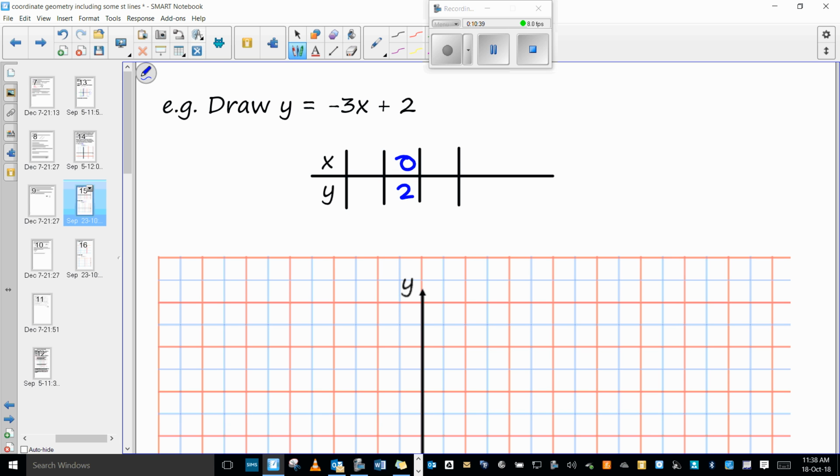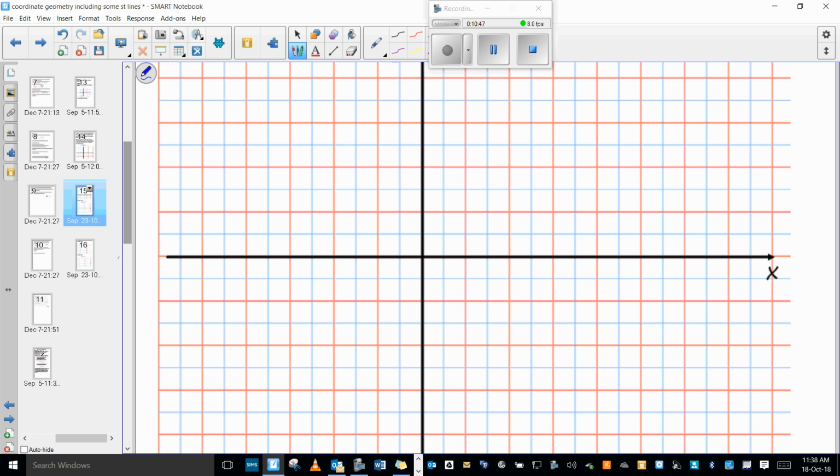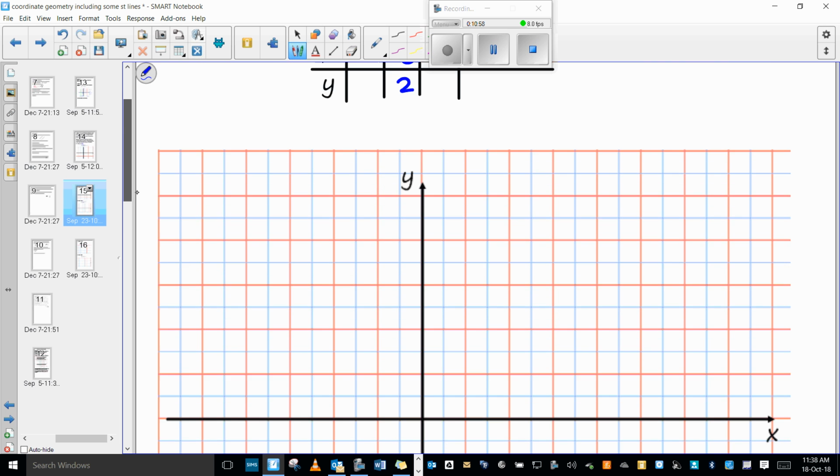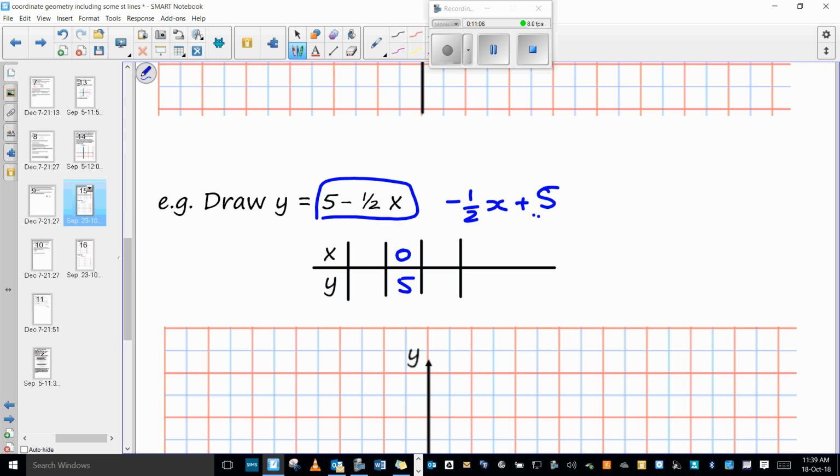So hopefully you can see from each one of those that that end number tells us something about it. Now, where is that point when we plot it? The y value. It's on the y-axis. Excellent. Do you all see that? So if you look at all of your lines, I know that this line here crosses the y-axis at this value, and this line here crosses the y-axis at that value.